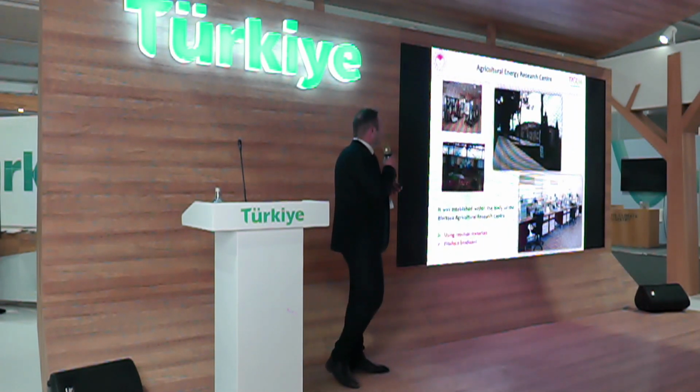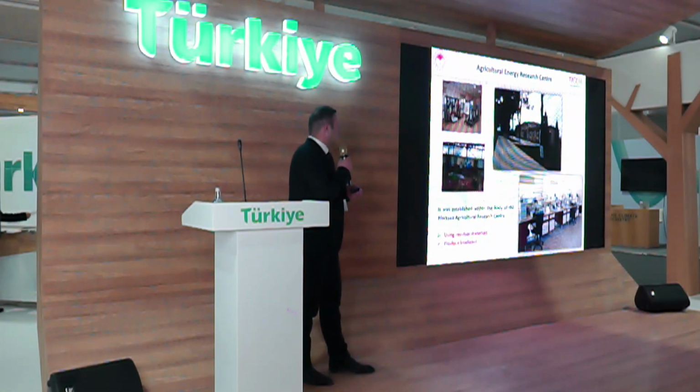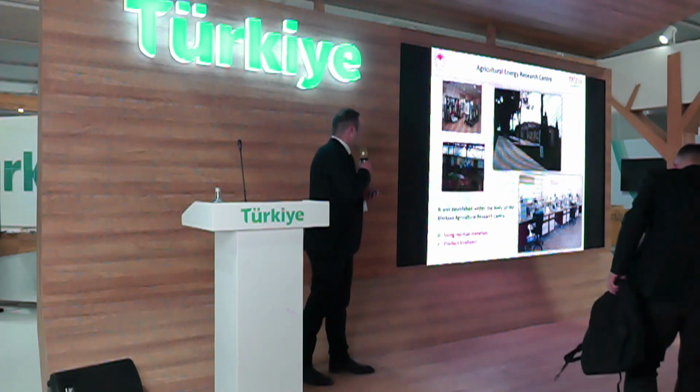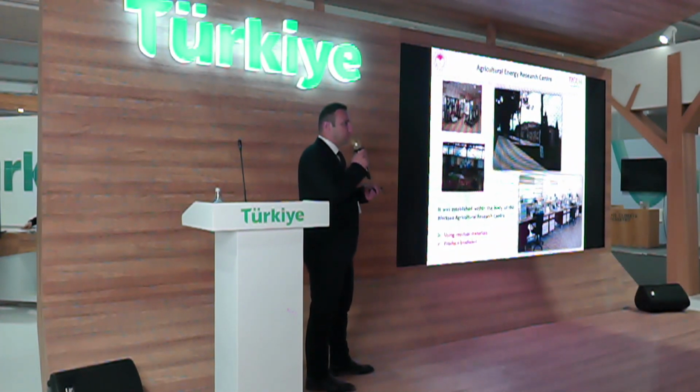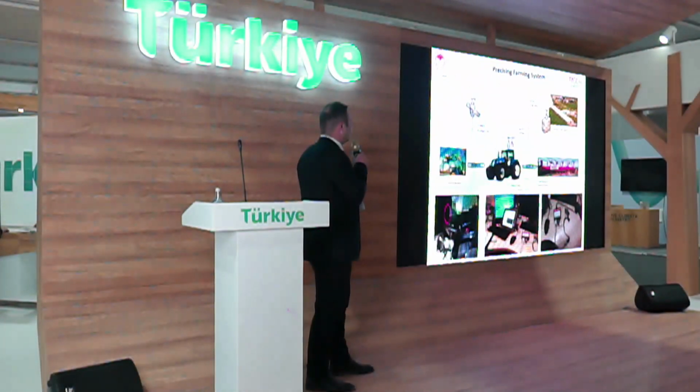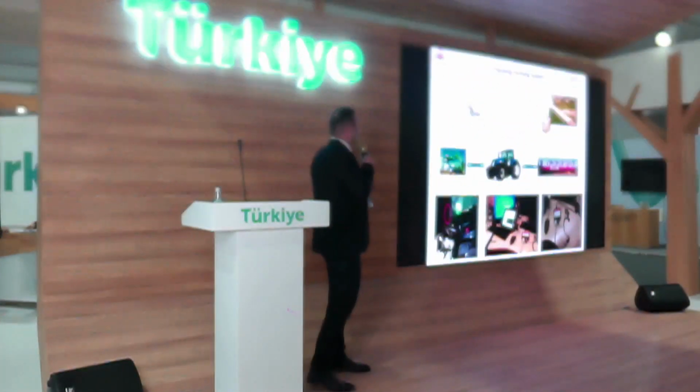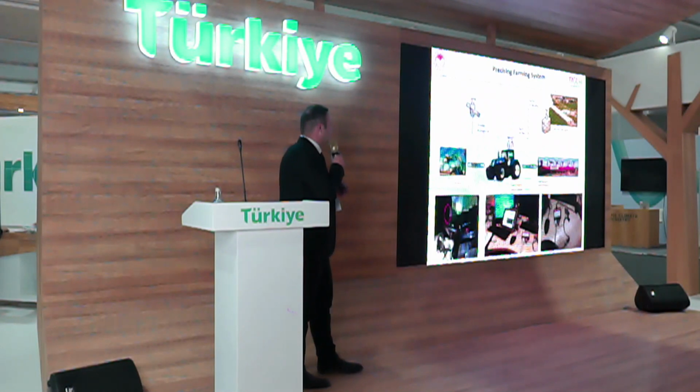Another one is the Agriculture Energy Research Center. It was established within the Black Sea Agriculture Research Center, using residual materials to produce biodiesel. And we try to use precision farming systems.